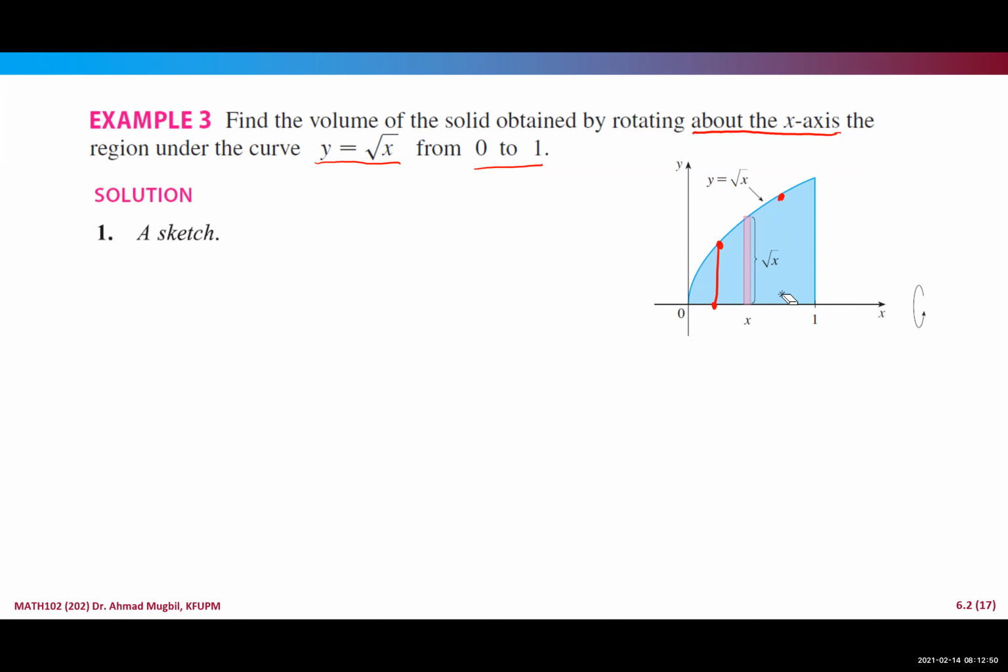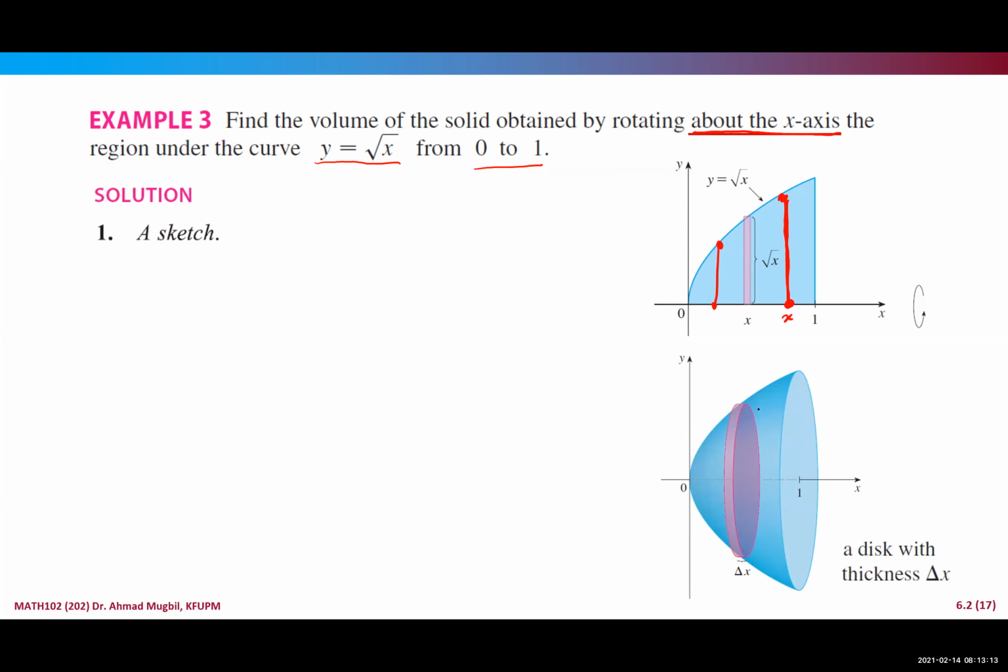If you call it x, what will be the length of this line? What will be the distance from this point to this point? Who can tell me, Shabab? This will be the radius of the solid. If you revolve or rotate this region about the x-axis, this is what you are going to have. Look, this is a disk.